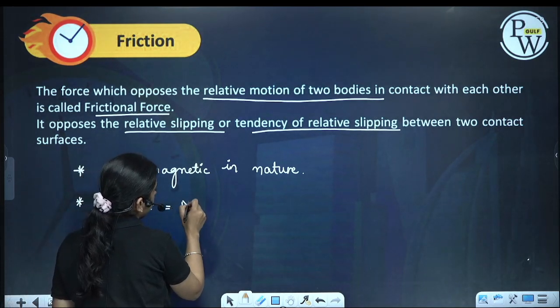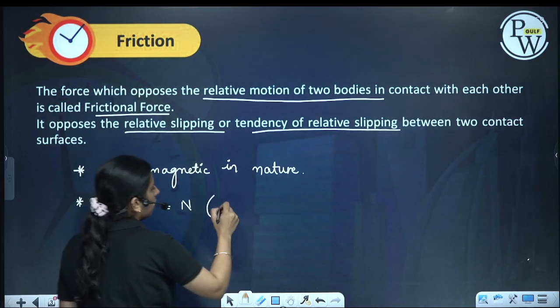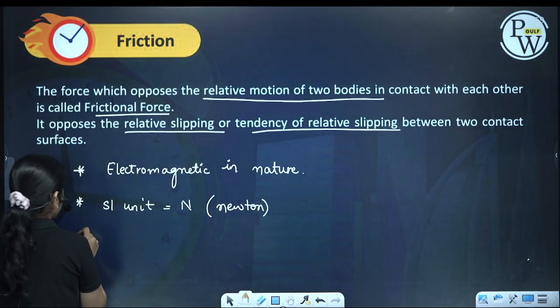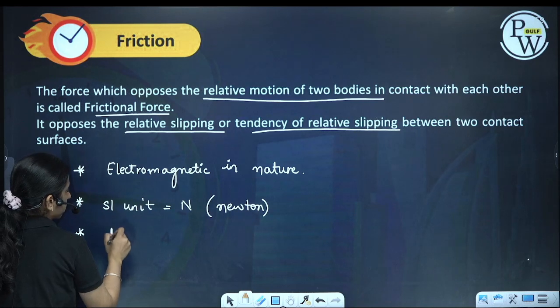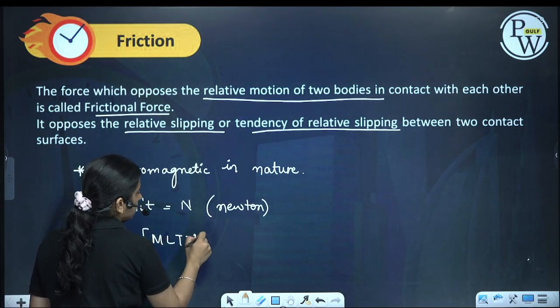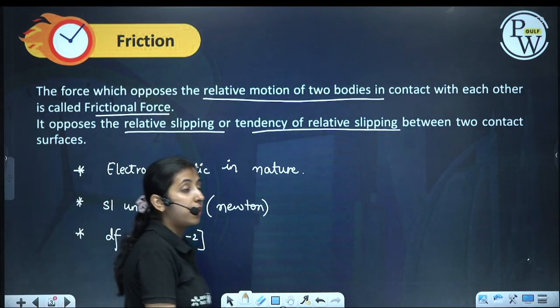The dimensional formula for a frictional force will be again the same, MLT minus 2.